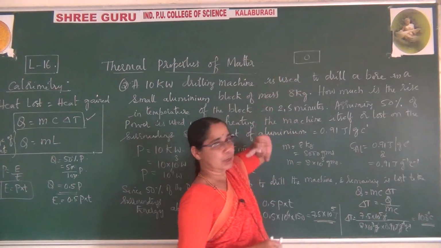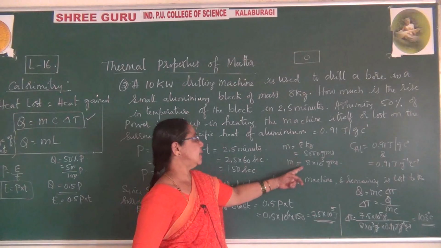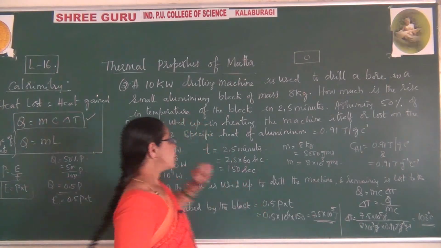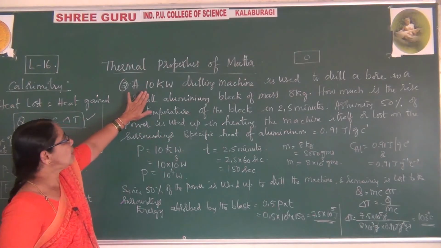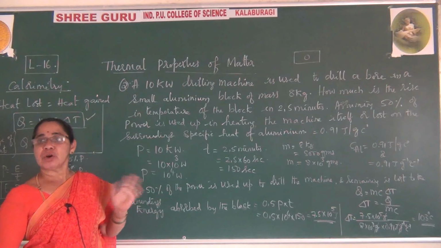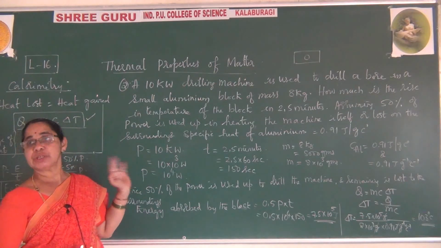The mass of the block is 8 kg. They have also given one condition: only 50% of the power is used. The power given is 10 kilowatt, only 50% is utilized, and the remaining 50% is lost to the surroundings.